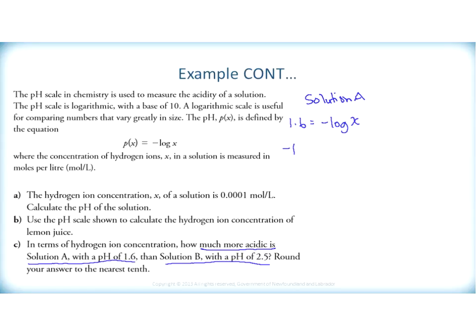That will be negative 1.6 would equal log x. We're going to solve for x first by changing it to exponential form. That'll give 10 to the negative 1.6 will equal x. For solution B, we have the same procedure.